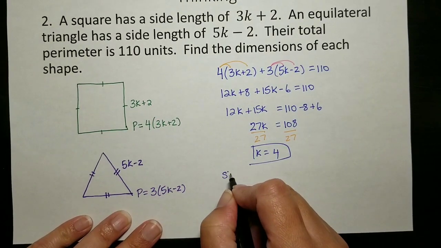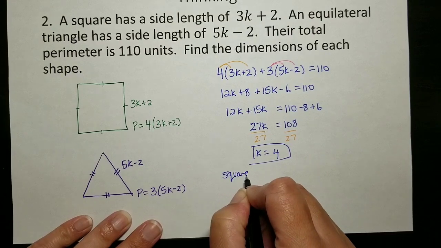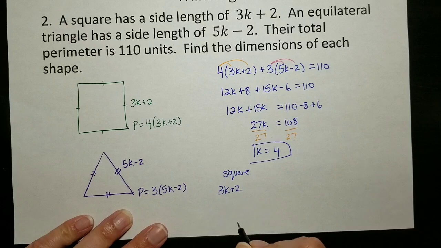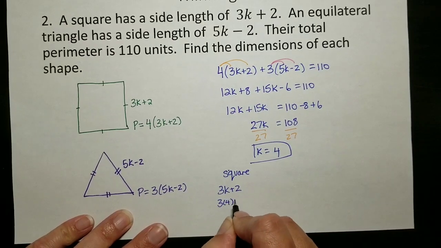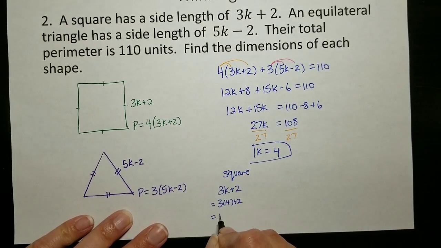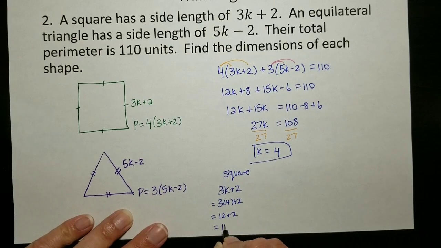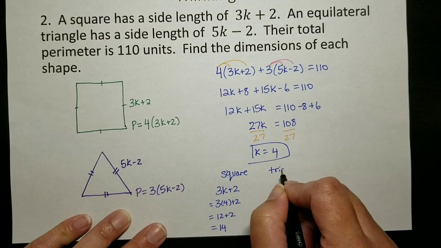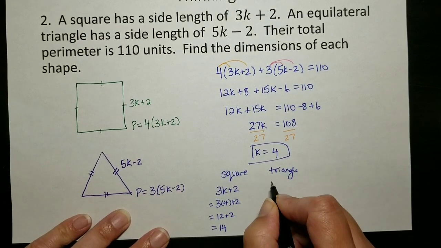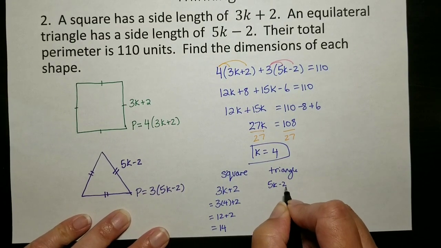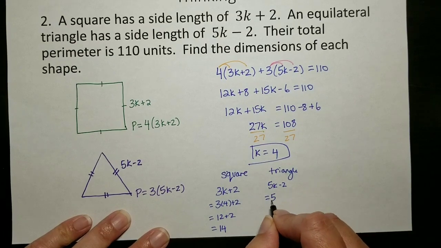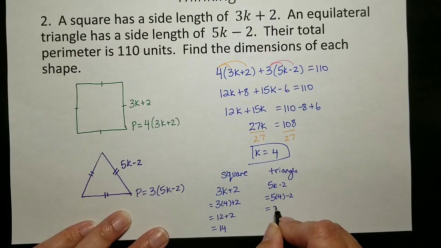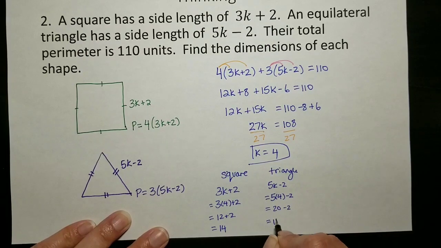So for the square, your side length is 3k plus 2, so I'm just going to sub in a 4 there. 12 plus 2, which is 14. And the triangle is 5k minus 2, so 5 times 4 minus 2, and 20 minus 2, which is 18.